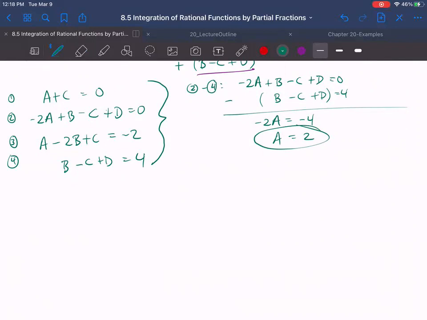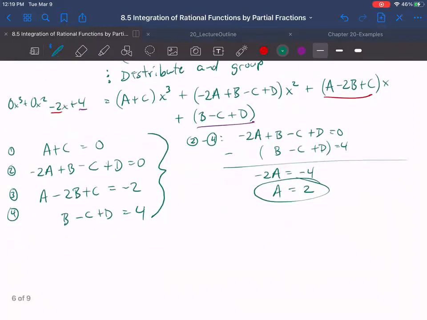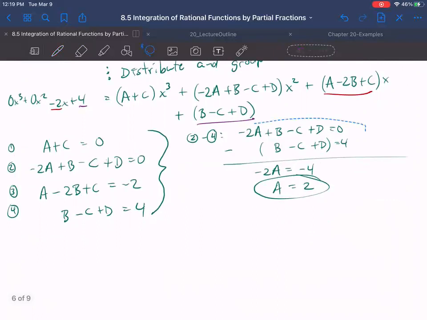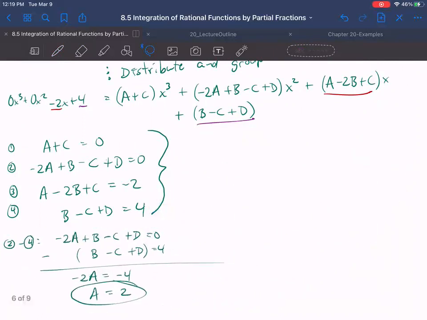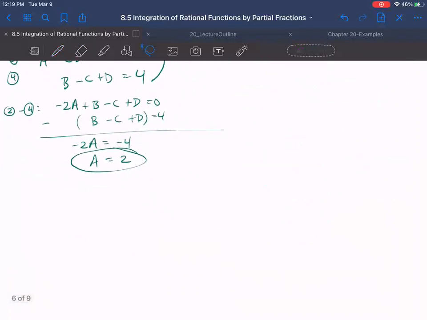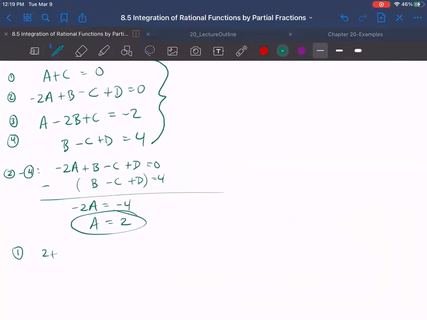So you go back to equation 1. A is equal to 2, so it's 2 plus c equals 0, which tells me c equals negative 2.